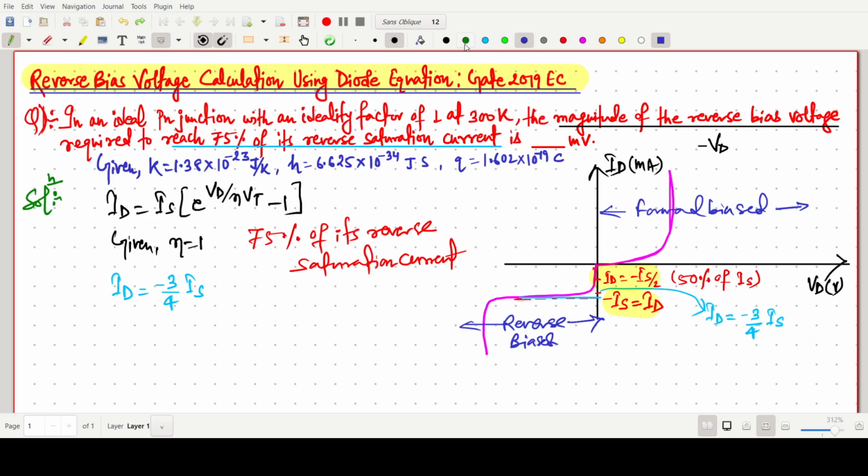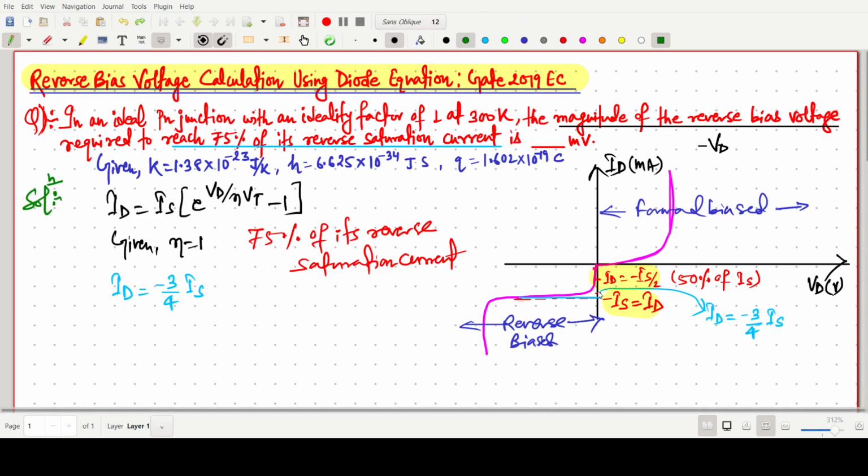So this will be our ID value, the diode current in the reverse bias. At that point, what should this voltage be? Its value will be minus Vd, and that we have to find.